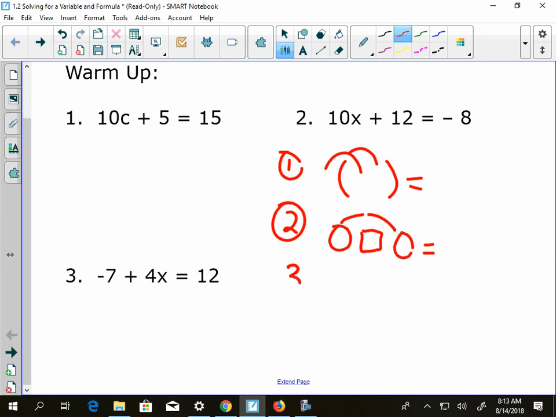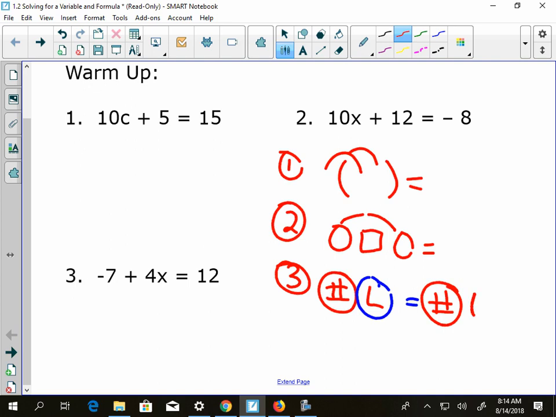After you combine like terms, you need to separate your numbers and your letters by getting them all on one side. So I need to put my numbers on one side and I need to put my letters on the other.